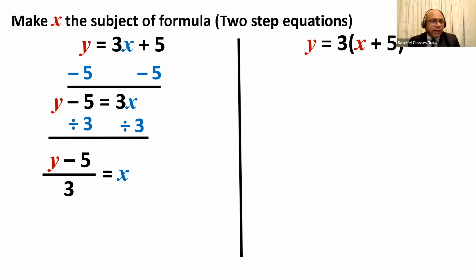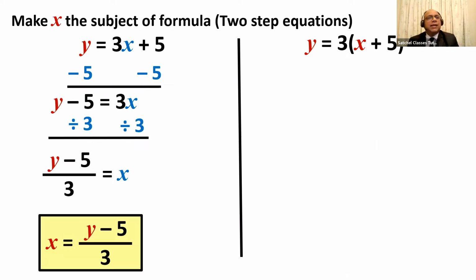And now we have already changed the subject to x. As you can see, x is on its own on one side of the equation. So your final answer in this case is x equals y minus 5 divided by 3, right?